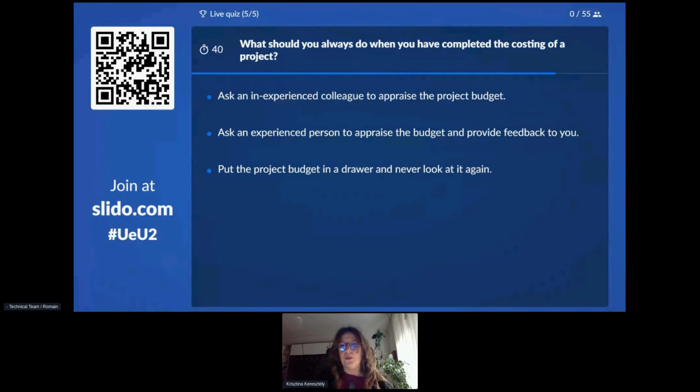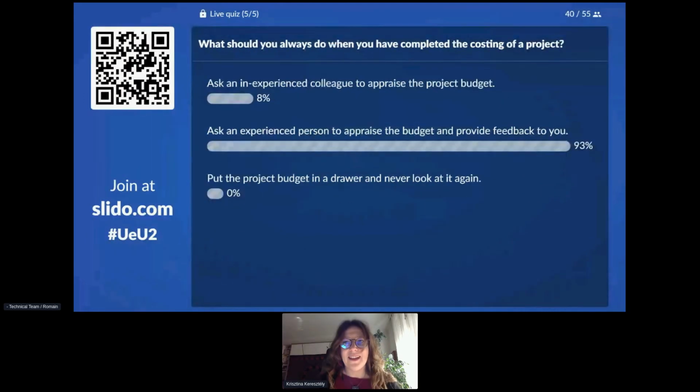What should you always do when you have completed the costing of a project? So you can ask an inexperienced colleague to appraise the budget, or an experienced person to appraise the budget and provide feedback, or you can put the budget in a drawer and never look at it again. Yeah, thank you very much.